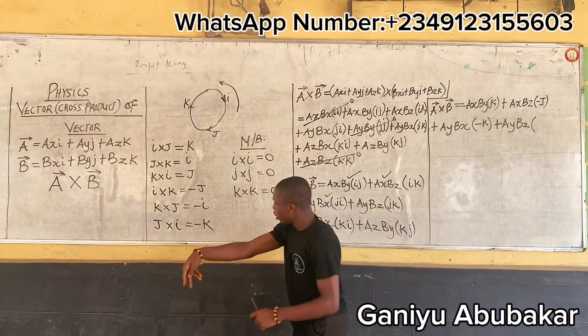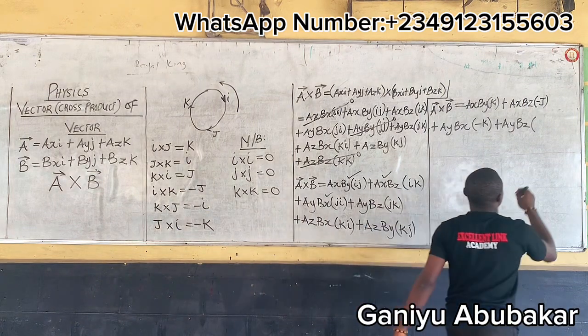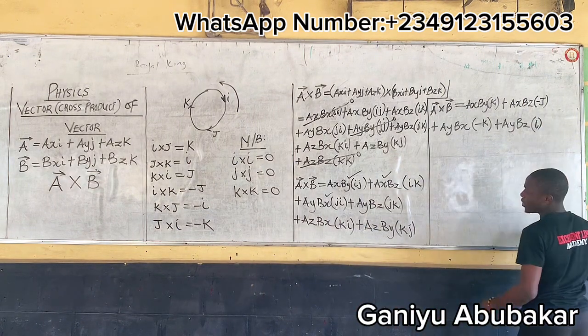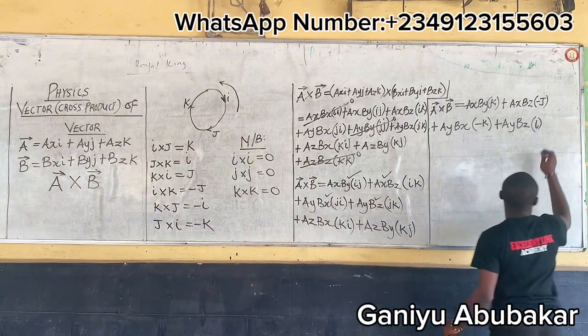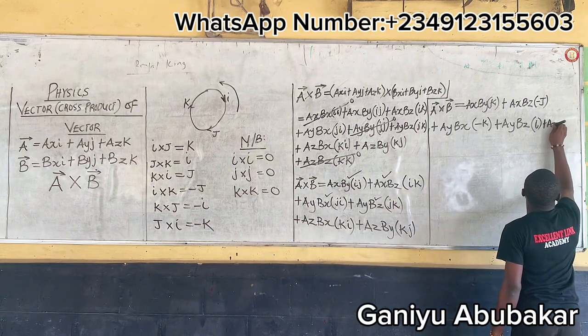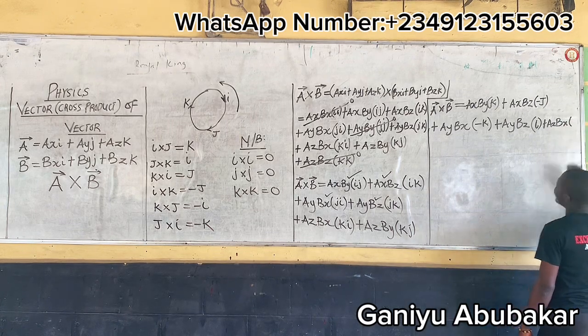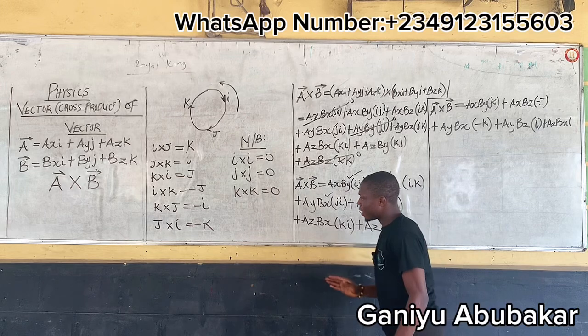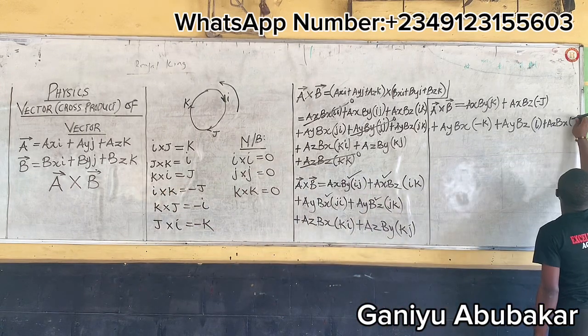Of course, j k is i. So I have i. What next there? Plus A_z B_x into k i. k i, that's j. So I have j here.